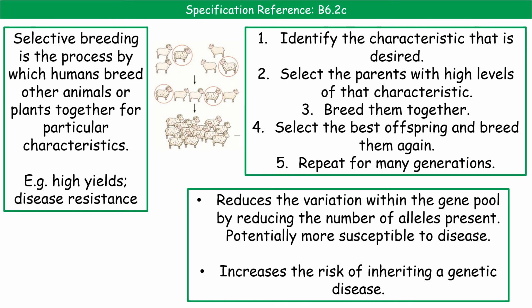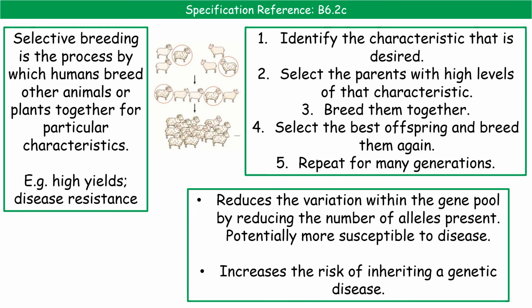One technique that we've been using for a long time now is selective breeding. When we talk about selective breeding, this is where we as humans have chosen animals or plants to breed together for a certain characteristic. So the example we've got there is looking at sheep. We can see in the little picture that there are some sheep with lots of wool and others with not quite so much.